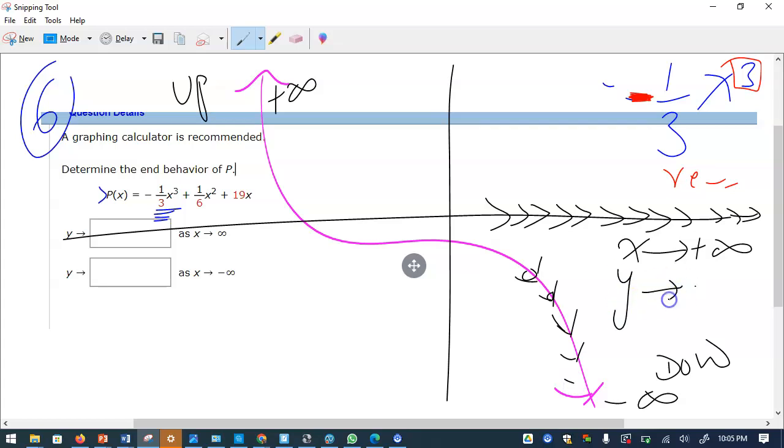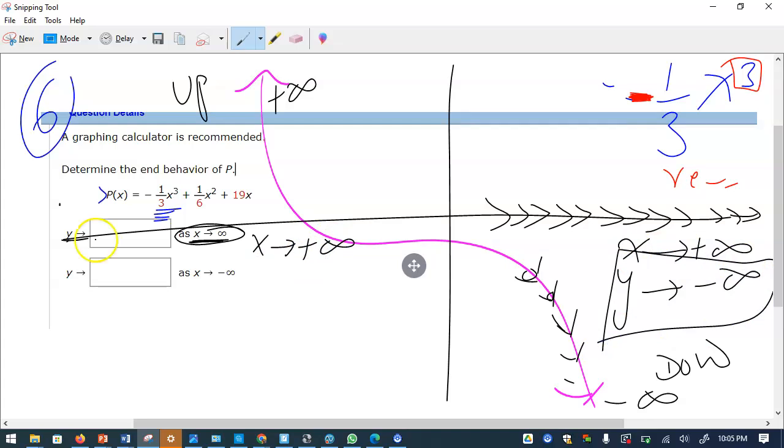That means y is going to negative infinity. And that's what they're asking you: y as x becomes plus infinity. This means x is very large positive. The answer is y, and that goes right here.